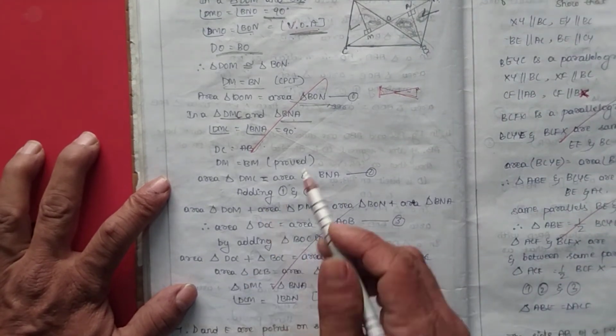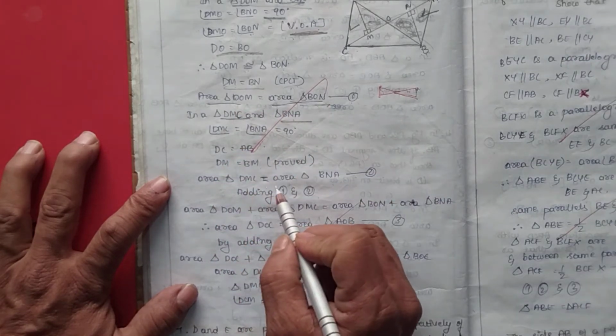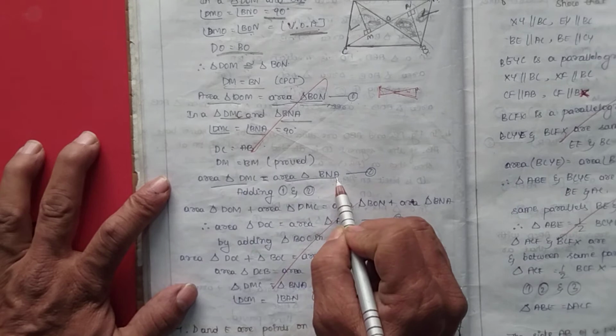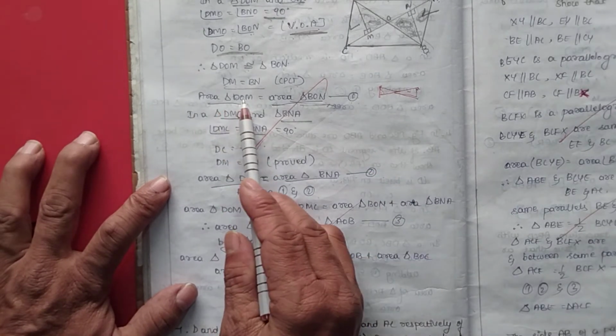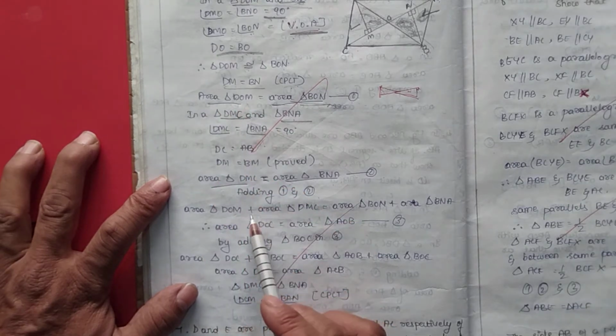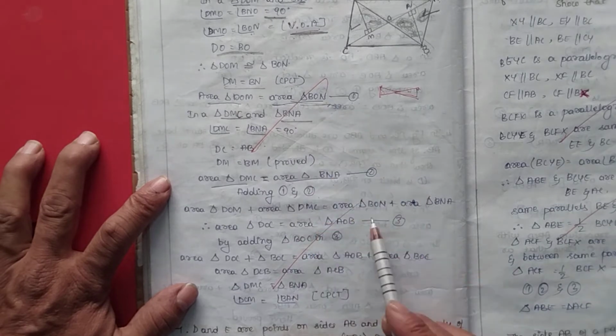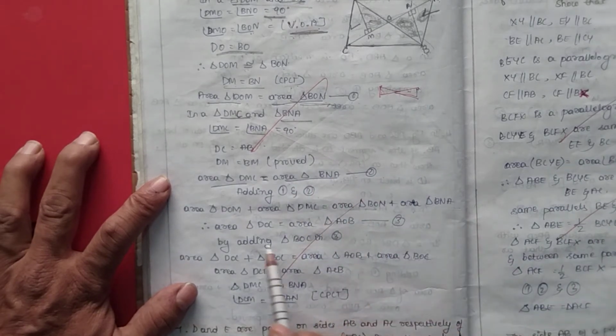Adding equations 1 and 2: on the left hand side, area of DOM and DMC; on the right hand side, area of BON and BNA.